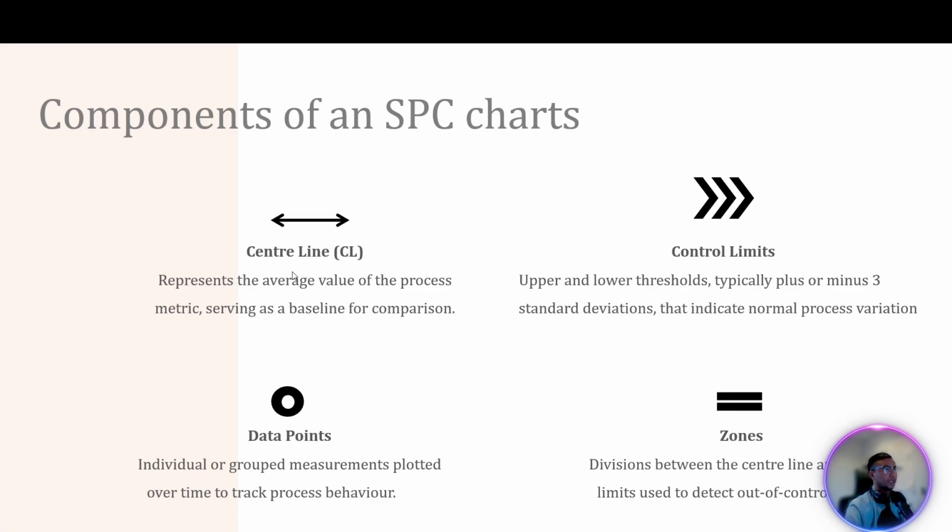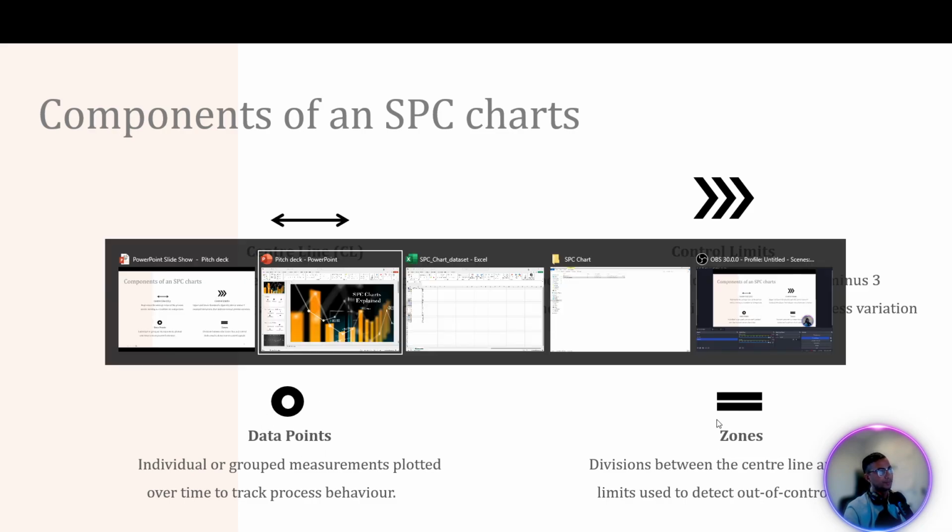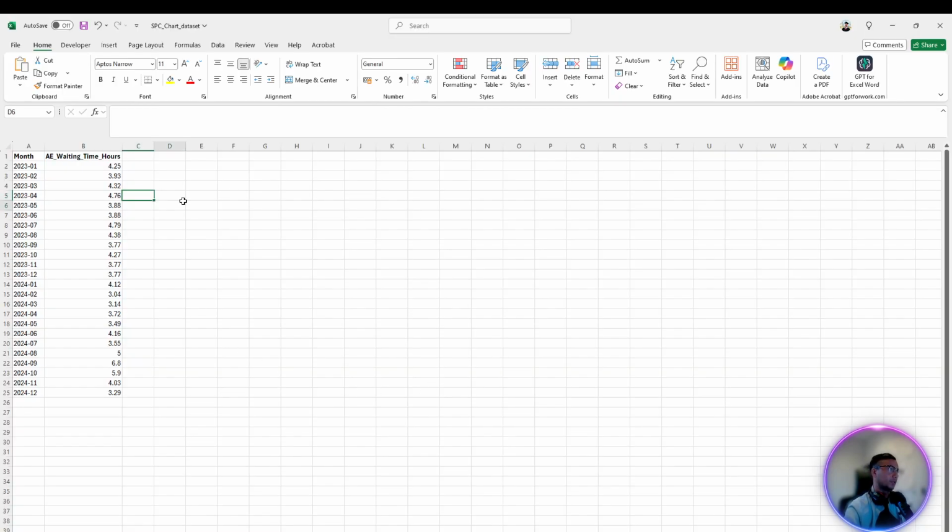We need the center line, then control limits, data points, which we already have, and then zones. For now we have the data of the waiting hours and the month, and from this we have to build the SPC chart.